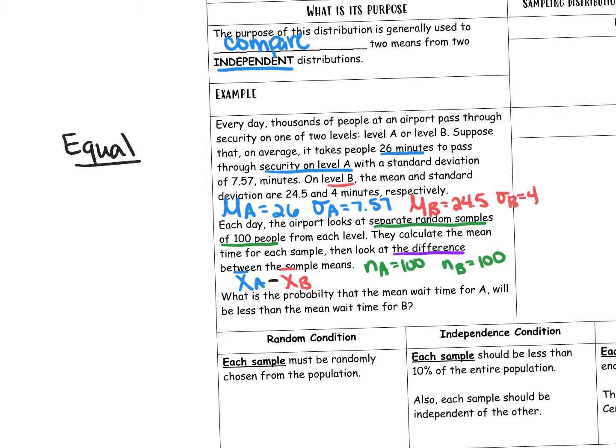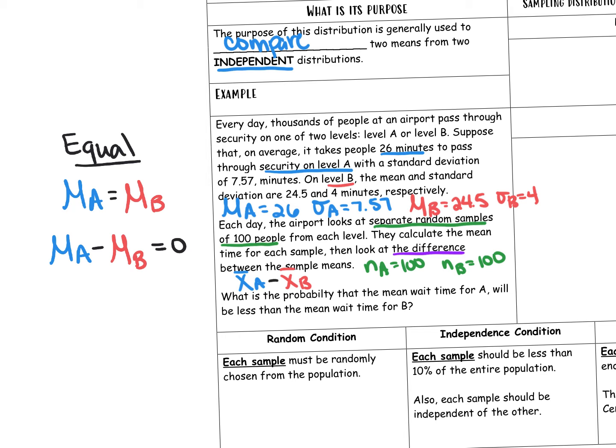So we can write that mu of A is equal to mu of B. When we calculate the difference, I'm always going to subtract from A's point of view: mu of A minus mu of B is equal to 0. That's what equal means when you look at the difference.